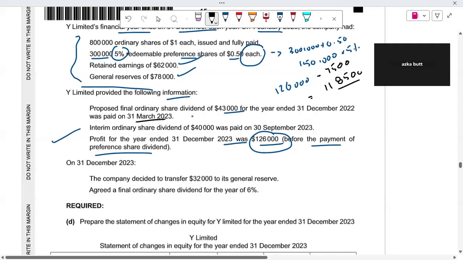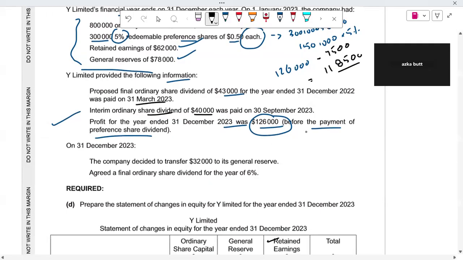Okay, and also we paid the interim dividend. $40,000 was paid on 30th September 2023.